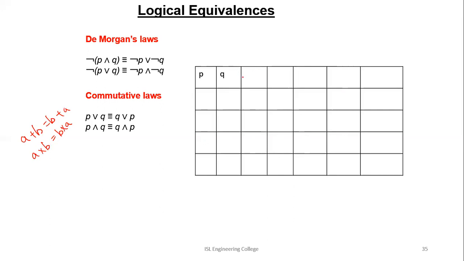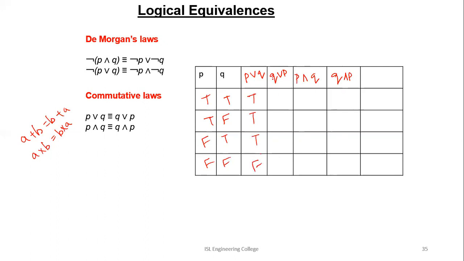P, Q, then you have P or Q, Q or P, P and Q, Q and P. Here we are doing it in the same way, P or Q. For OR, if one of them is true, then true, and then this one is false.